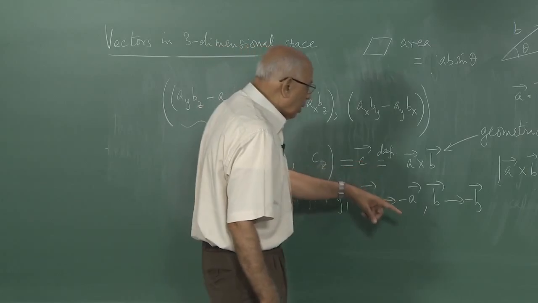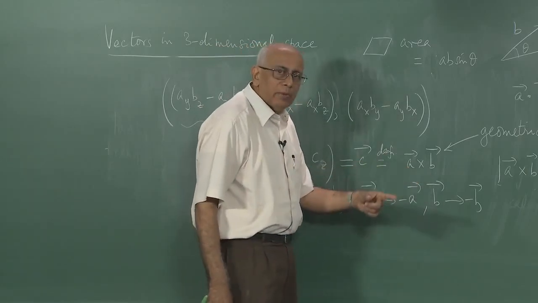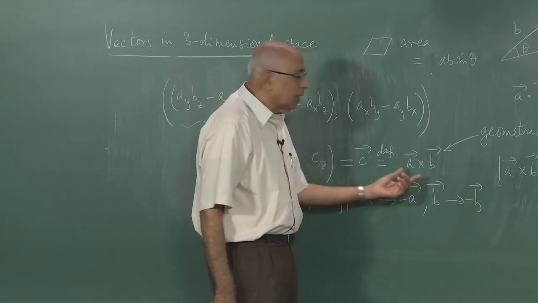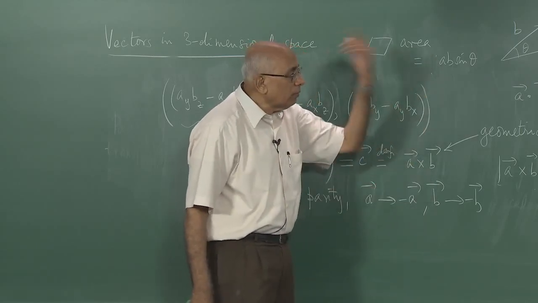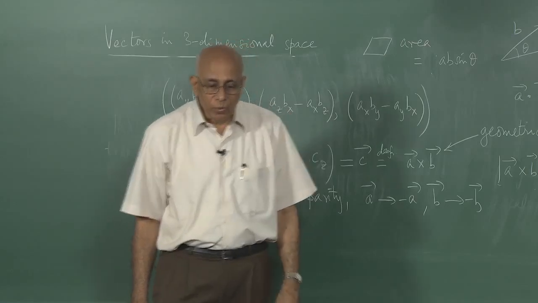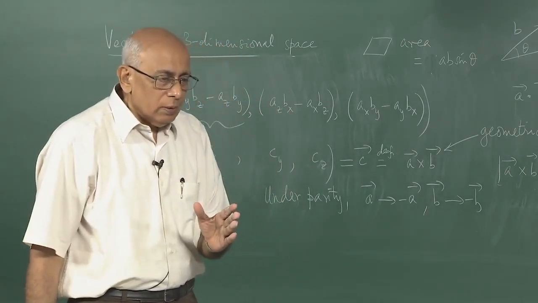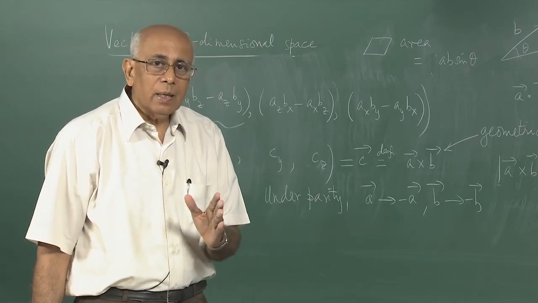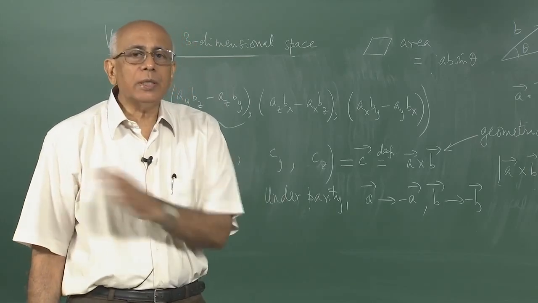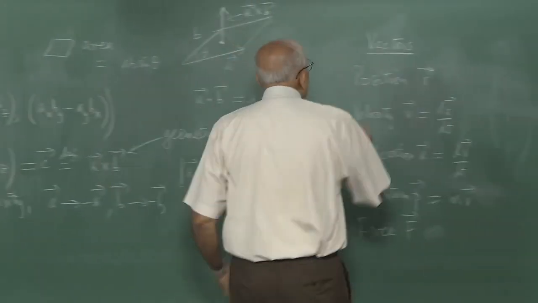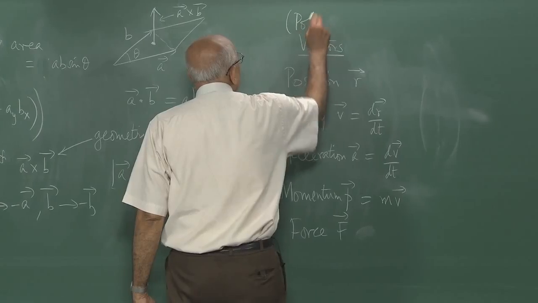So if A and B are proper vectors, A cross B is a proper vector under rotations, but under parity it does not change sign, whereas all vectors change sign. Therefore we have two kinds of vectors in 3 dimensions. We have those which change sign under parity and those which do not change sign under parity. All these are vectors. They are also known as polar vectors.